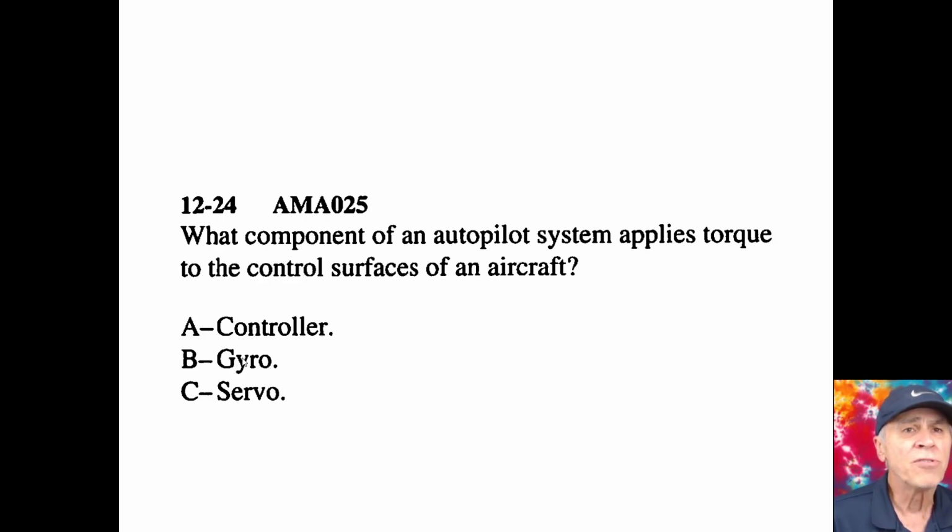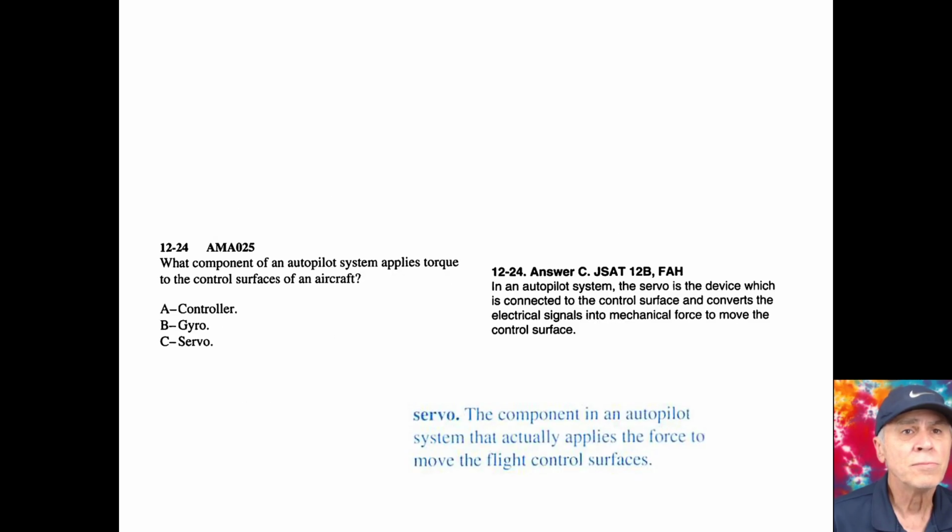The gyro is the sensor, and the controller is the control portion of the system. Servo. That's the part that actually applies the force to move the flight control surfaces.